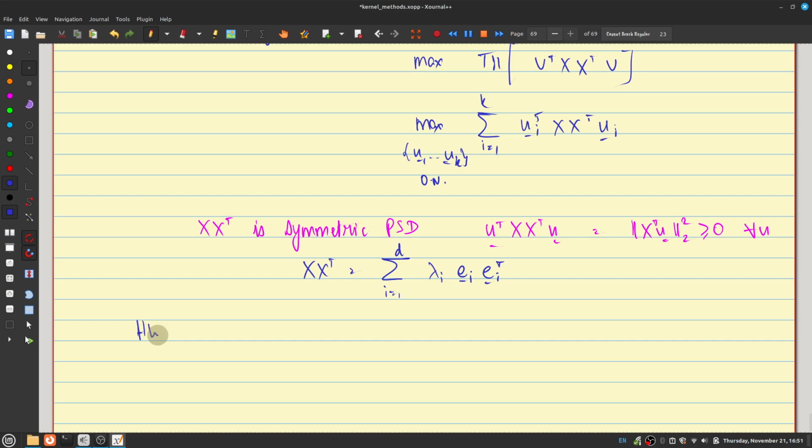We just leave this as a homework. Using this, show that this quantity is maximized when u1 through uk lie within the subspace spanned by the k largest eigenvectors.